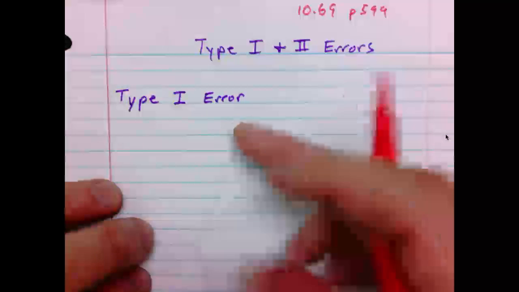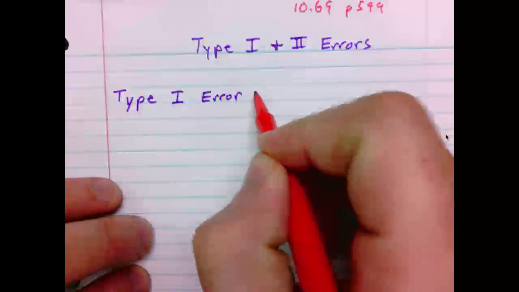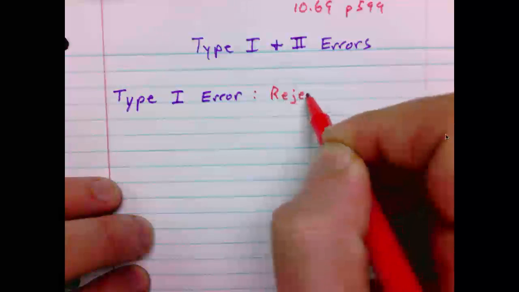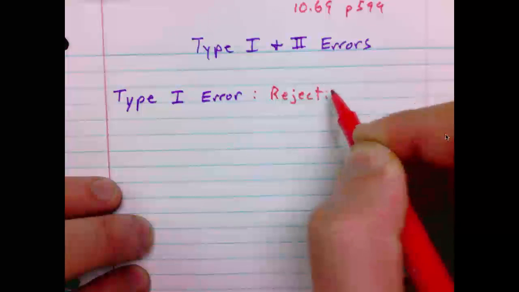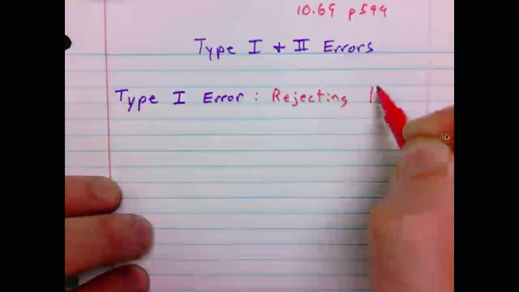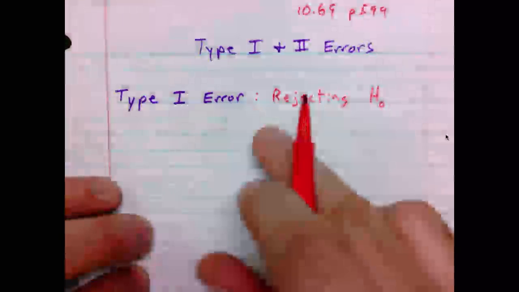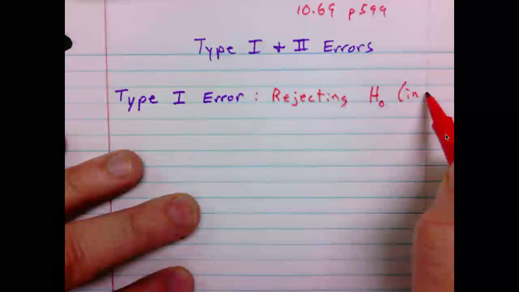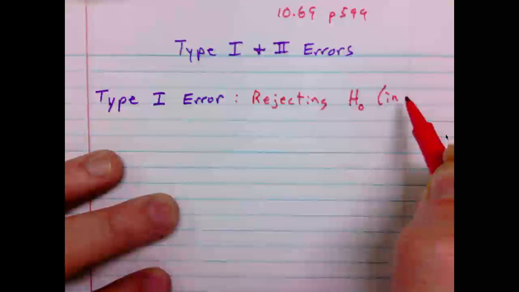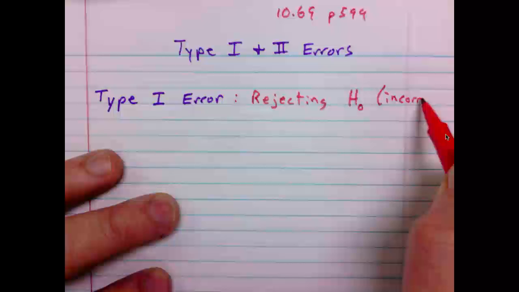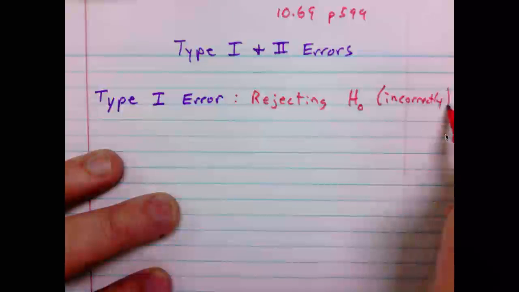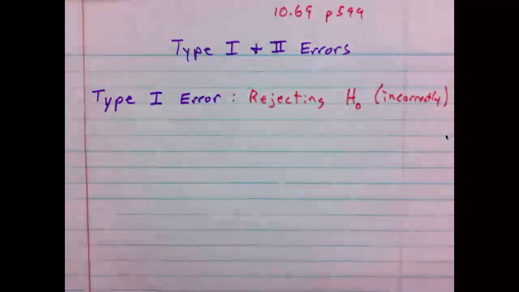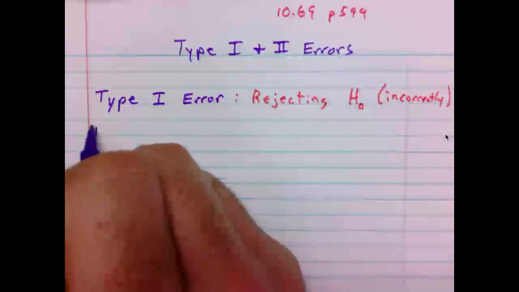Type 1 error will involve rejecting H0, our null hypothesis. And we're talking about an error here, so obviously we've rejected H0 incorrectly. The other type of error is type 2 error.